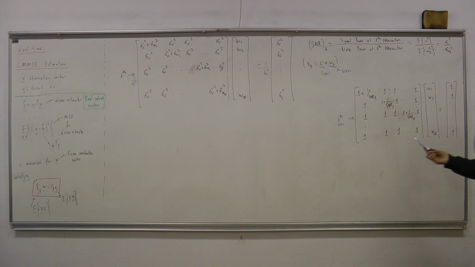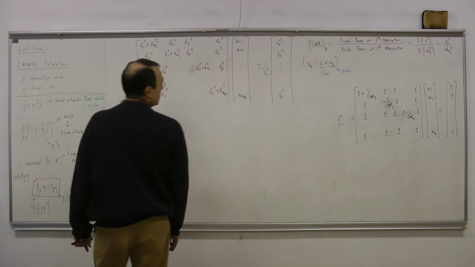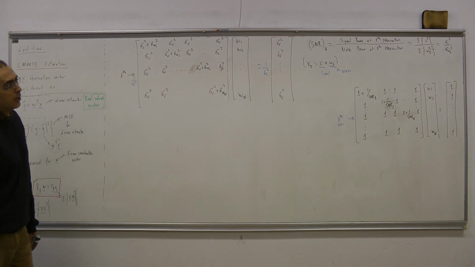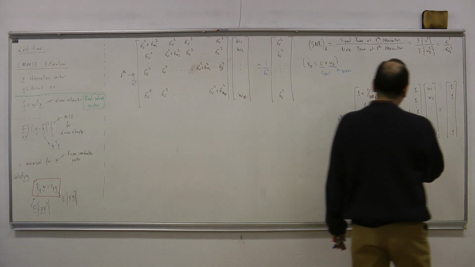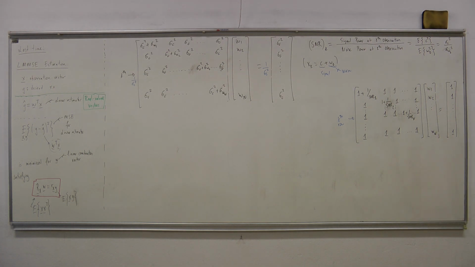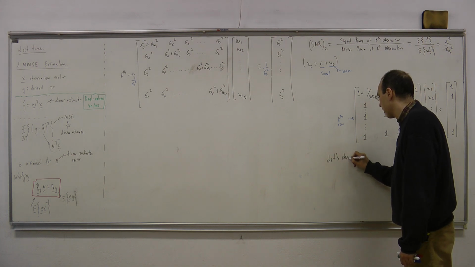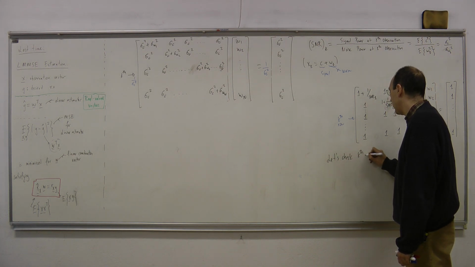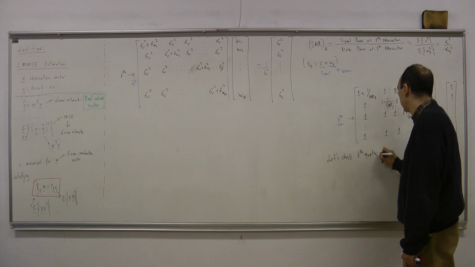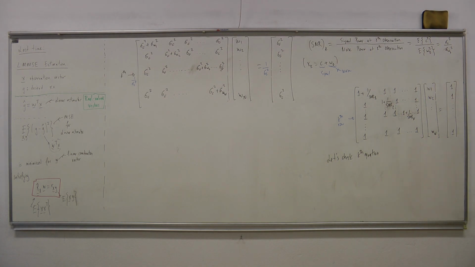Okay, so how can I solve this equation system? That is the end, okay, with the SNR definition. Now the equation is a little bit simpler looking, but how can I look at this equation system? So let's check the kth equation. So what do I have in the kth equation?